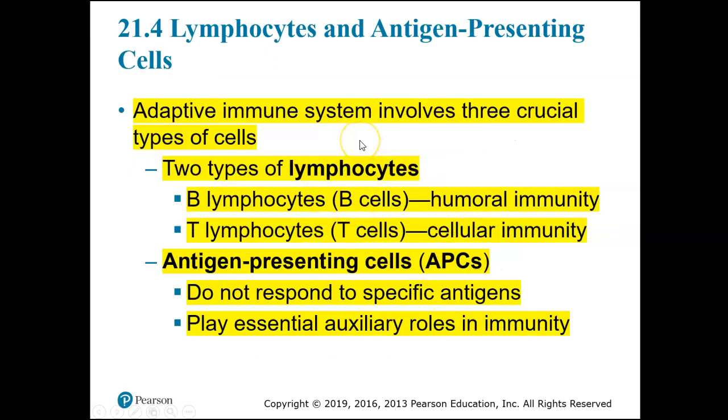All right, section 4, we're going to talk about the adaptive immune system and lymphocytes and APCs, which are antigen-presenting cells. These are cells that will present the antigen on their surface. So, the adaptive immune system involves 3 crucial types of cells. There are 2 that are called lymphocytes, and they are B cells and T cells.